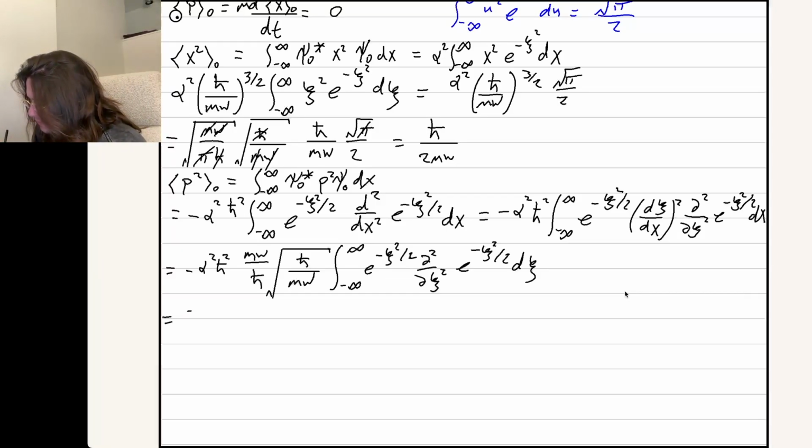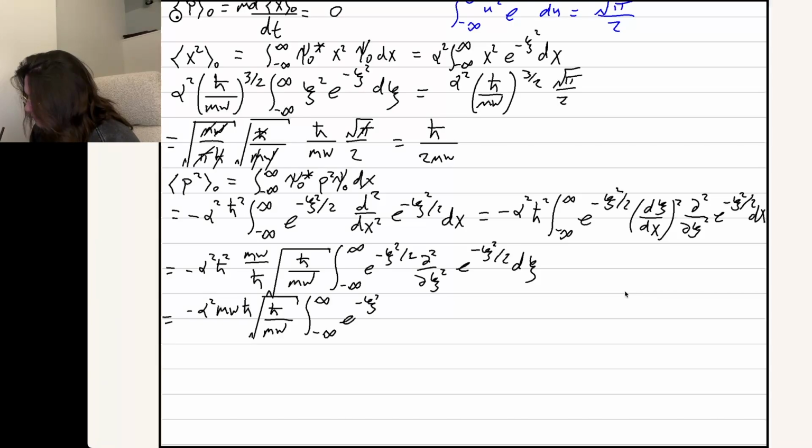Simplifying the prefactor a bit, we have minus alpha squared m omega h bar. Let me just write it like that, and then this will be h bar over m omega. Over here, we'll do the first derivative. It's actually just minus c times the exponent.